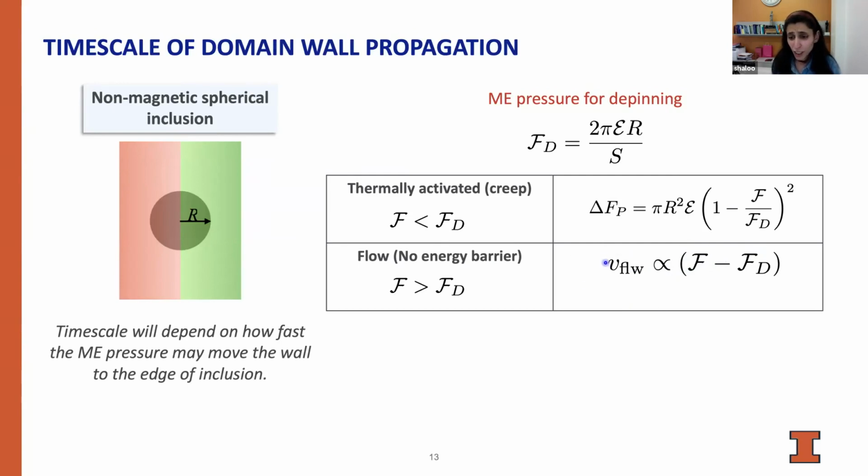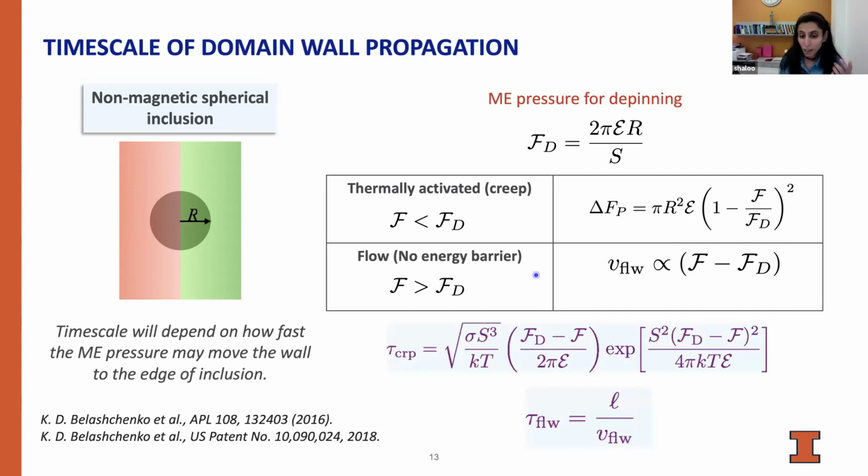And this part actually has been computed very nicely in one of Kirill's 2015, I believe, APL paper. I think I have a reference here. So anyway, we can write down the time scales for thermal creep, which is exponentially dependent on this energy barrier. And in the flow regime, the time scale is inversely related to the flow velocity.